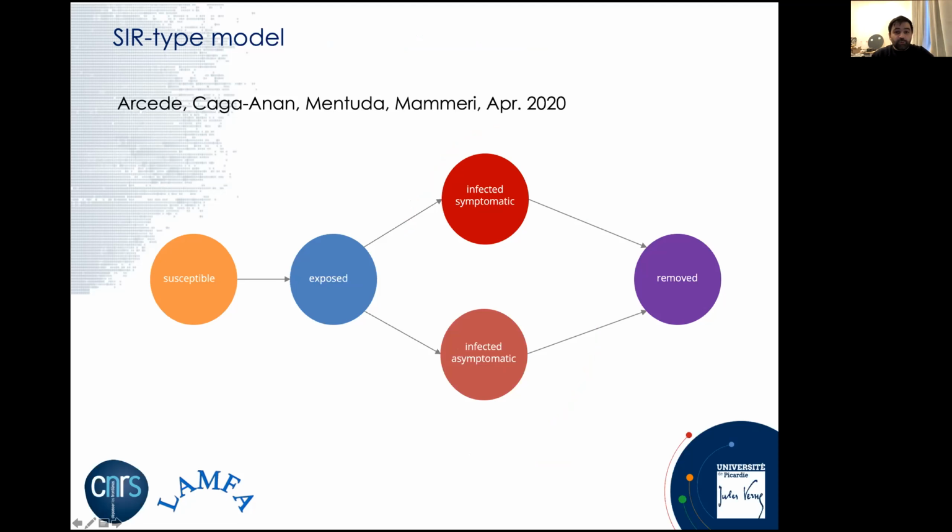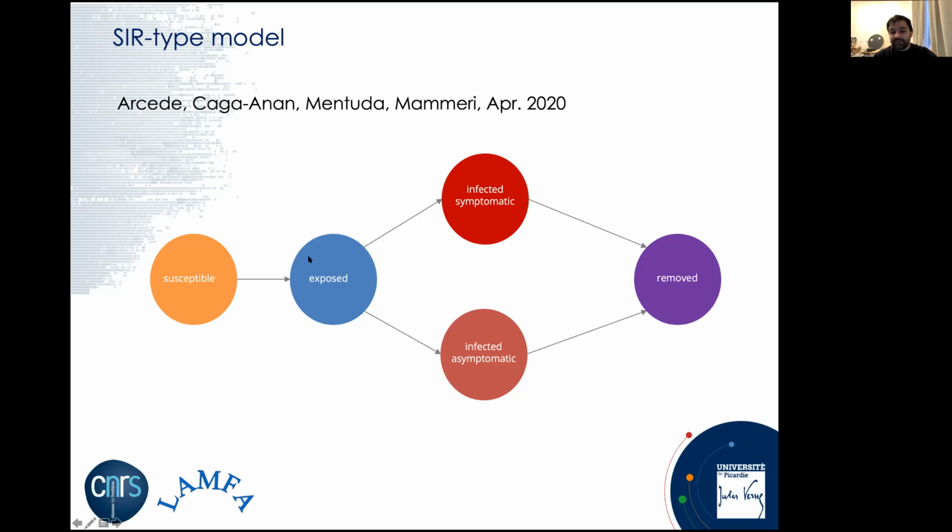What we proposed, actually, we did that in March. It is a little bit of a mix of both. You are susceptible and become infected, then you come into this latency period, latent or exposed, which is the same. You are infected, but you don't know yet.